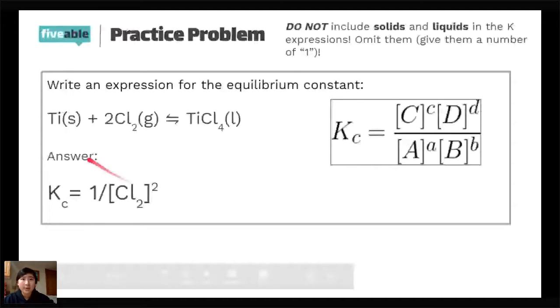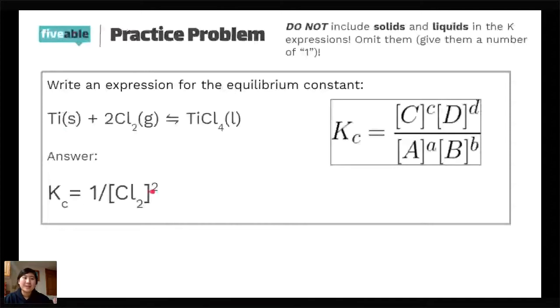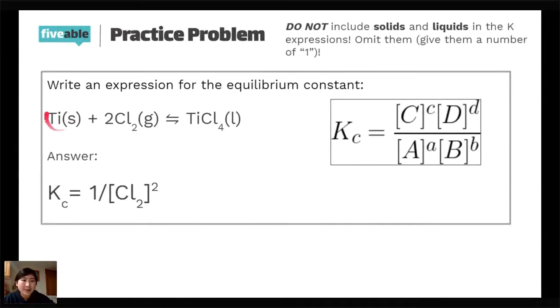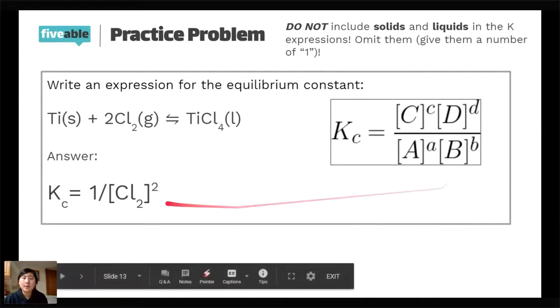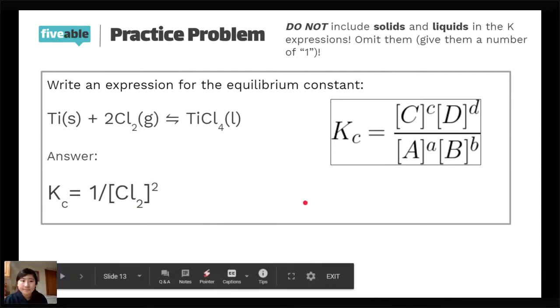Because it is a solid, and we do not include that in the equilibrium constant. Technically you can multiply Cl2 squared by 1, which is the Ti solid, but I just left that out to make it more clear. That's basically how we're using it. You can see again that the coefficient of Cl2 is used as an exponent here.